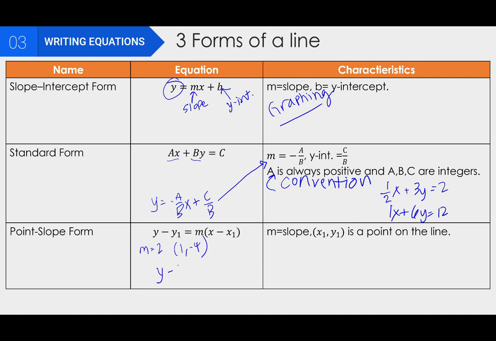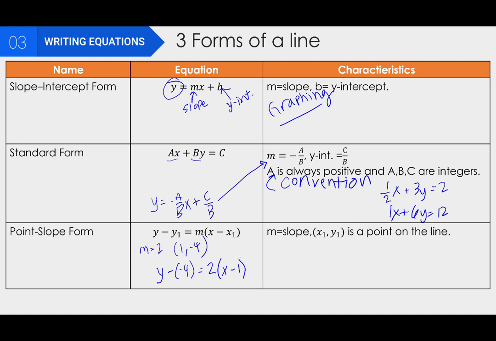Negative 4 is our y. You can make that a plus. Oops, not m, we know what it is, it's 2. And x minus 1. Nothing changed. That is in point slope form. You don't even have to simplify it. You could, of course, simplify it and make it look like slope-intercept form, but as is, that's point slope form. It's got the point and the slope.